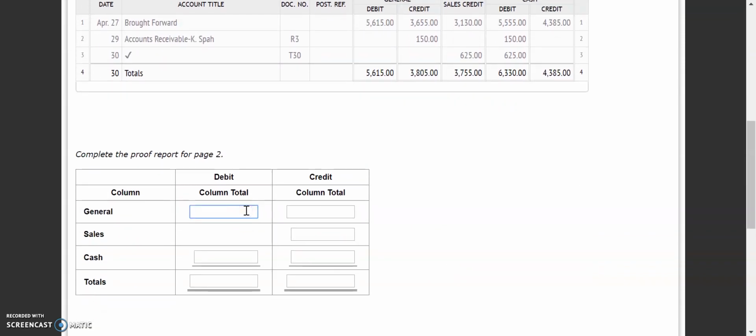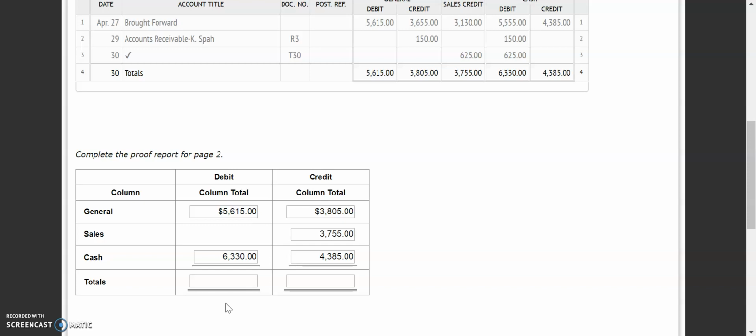So again, what I'm going to do is just pull those numbers down right from my journal. So 5,615, 3,805, 3,755, 6,330, and 4,385. Handy dandy calculators.